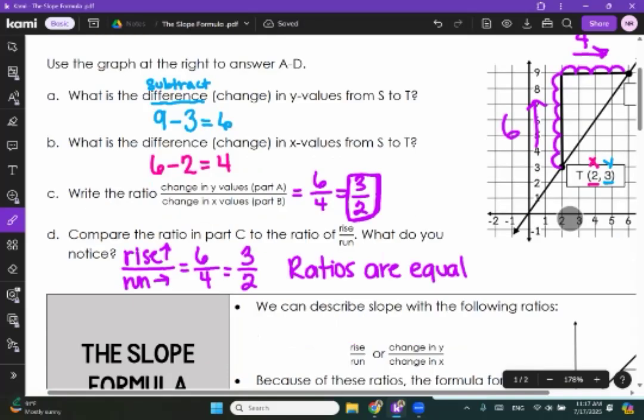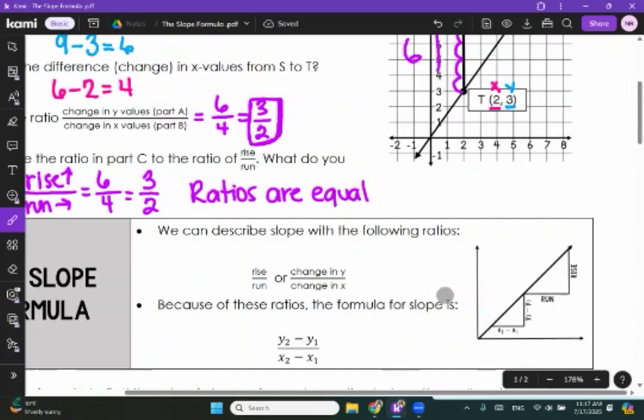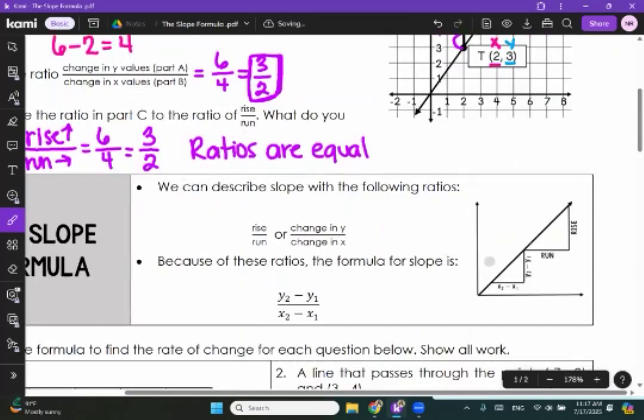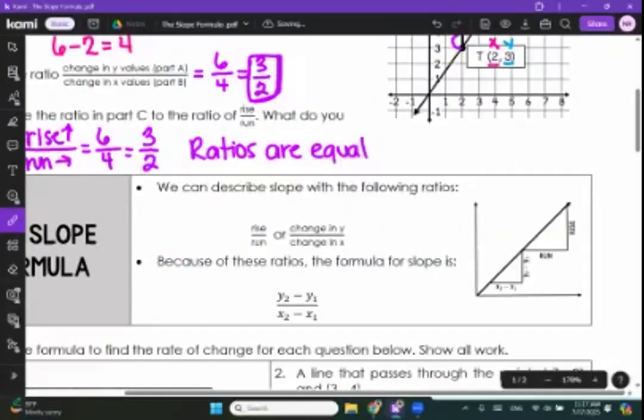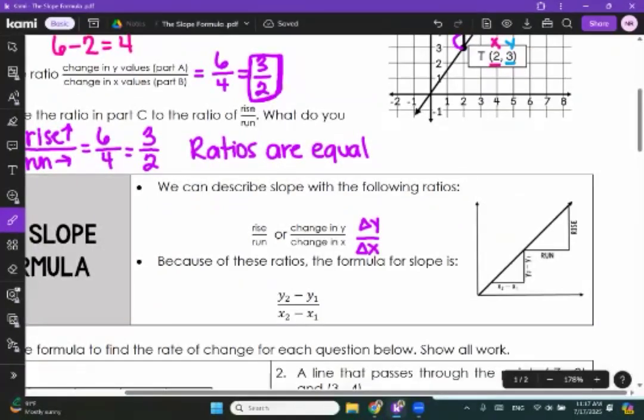We can describe the slope with the following ratios. You can use rise over run or the change in y over the change in x, which in the lesson before this one, we wrote down as change in y over the change in x. Because of these ratios, the formula for slope is y2 minus y1 over x2 minus x1.